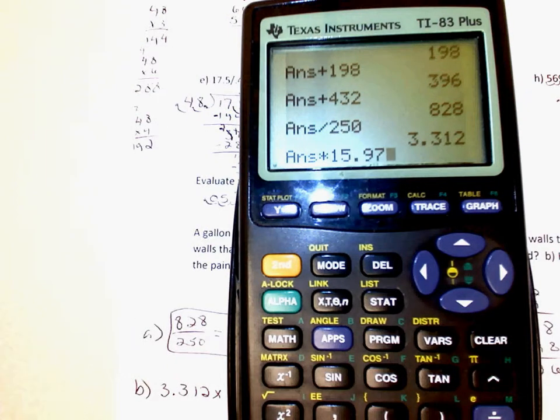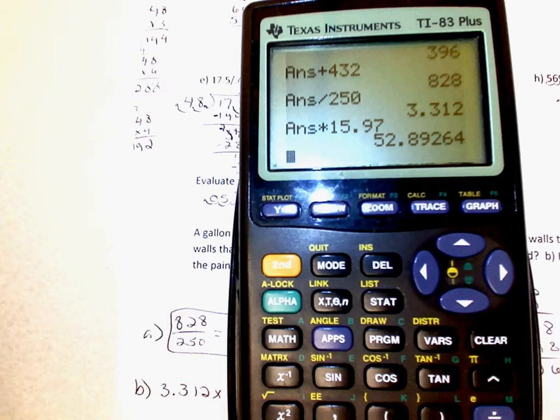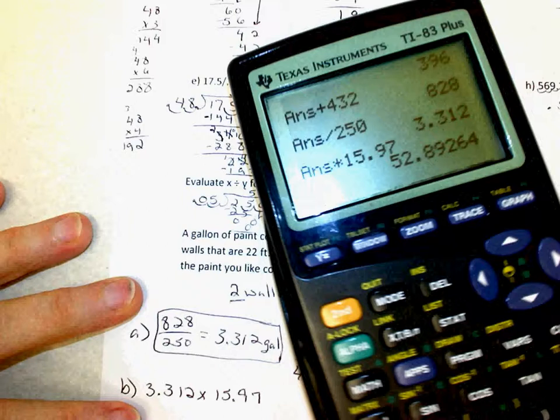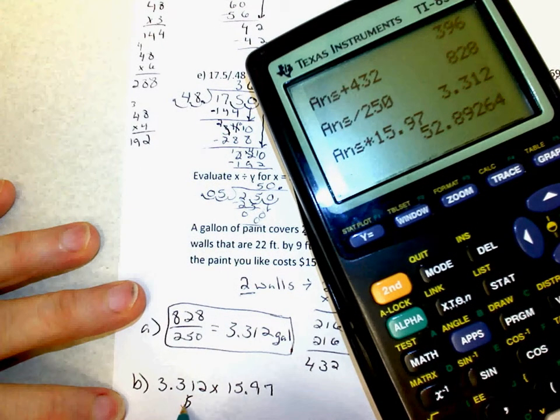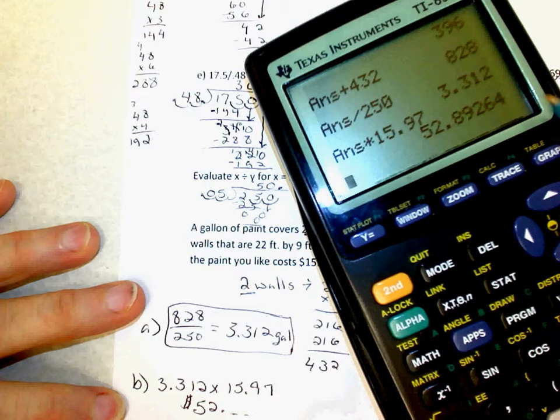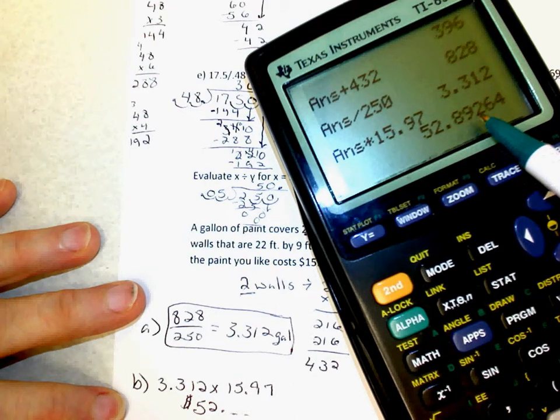All I did was hit times and then 15.97, enter. We have $52, but we have to only have 2 decimal places. So 8, 9, and then the next digit is 2. Smaller than 5, you just knock those off. So we have 89 cents.